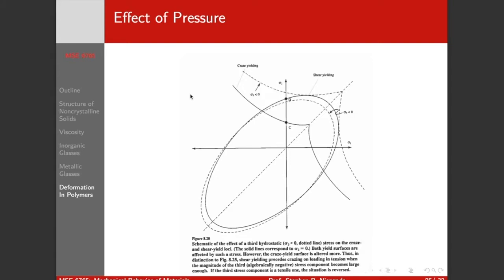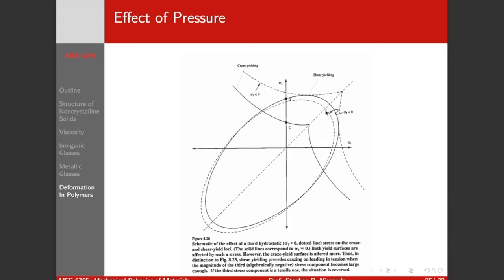Well, so remember the hydrostatic pressure is the trace of our stress divided by 3. So if we add a negative sigma 3 component to it, we're reducing the hydrostatic pressure on our sample. Right? If we reduce the hydrostatic pressure, it's going to create more free volume and make shear banding easier.